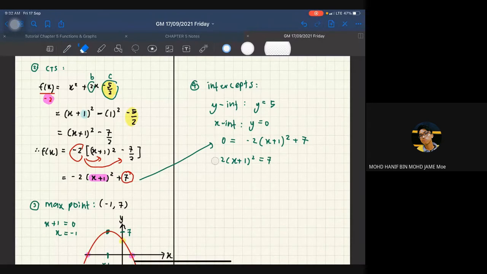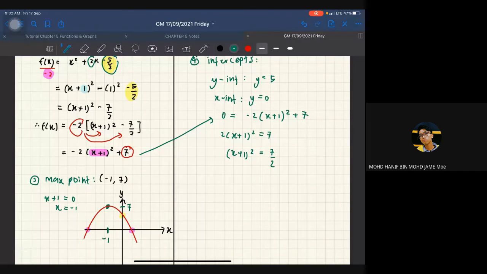This is just positive. Okay, and then awak akan ada x plus 1 square equals to 7 over 2. Okay, and then kita akan square rootkan both sides. So awak akan dapat x plus 1 equals to plus minus 7 over 2. Macam ni.